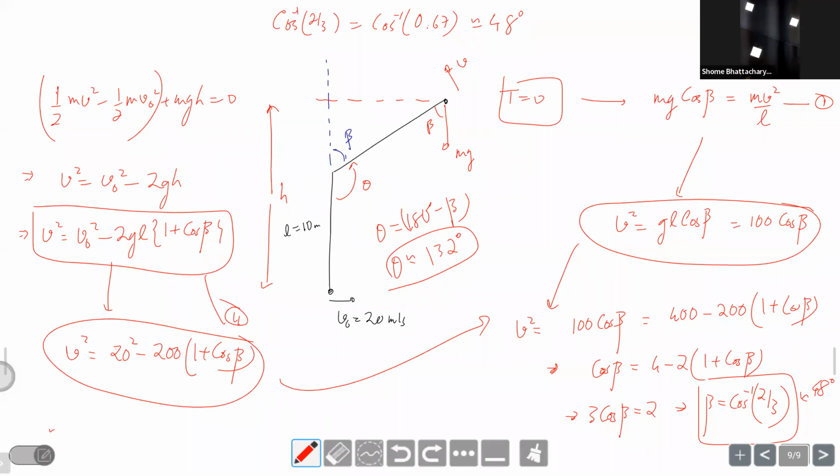Okay, so now what is the speed at the point where this is happening? Let's see, we get that from this equation. At theta equal to 180 minus theta, so about 132 degrees, v is equal to root of g L cos theta, if that was the condition, equation 1.